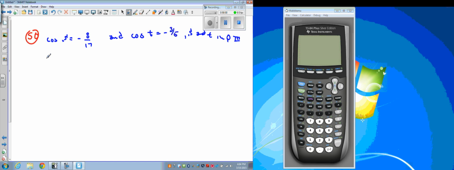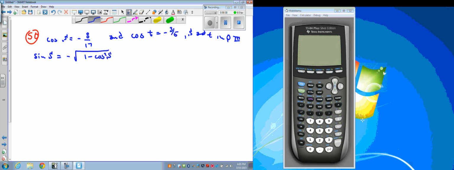Whatever method you want to use to figure it out, but if I want to figure it out using identities, sine squared plus cosine squared is 1, right? And if I isolate the sine of s, it's going to be negative, the square root of 1 minus the cosine of s squared.